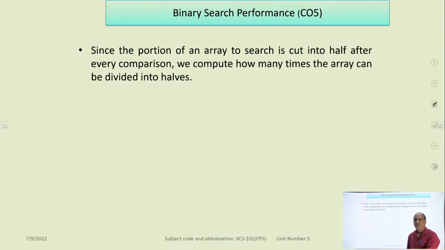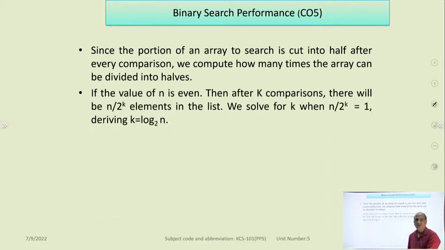So what is the performance of binary searching? We can see that every time the list is subdivided into half. So the worst case running time of the binary search algorithm is log n to the base 2.